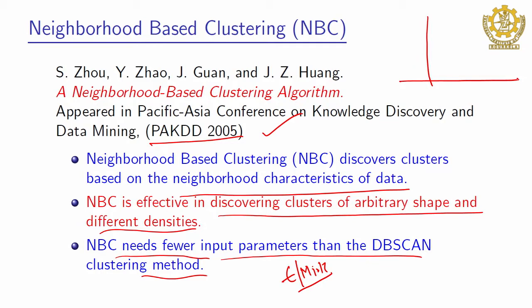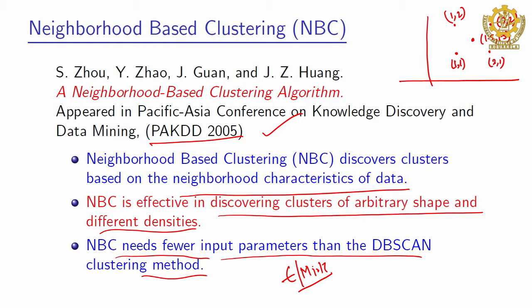This is one point, 1 1, this is 2 1, this is 2 2, and this is 1 2. These are the 4 points, and there is another point inside, at 1.5 comma 1.5.